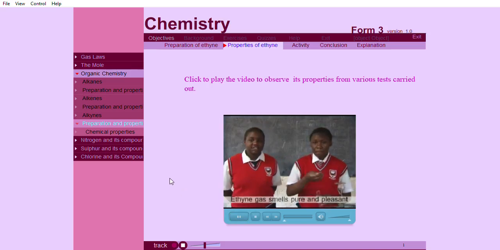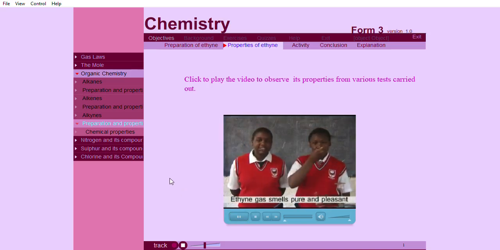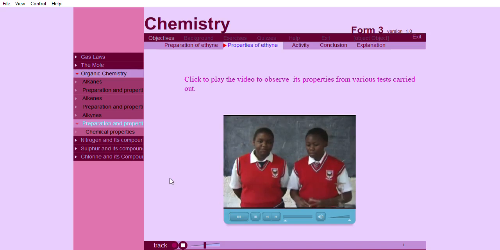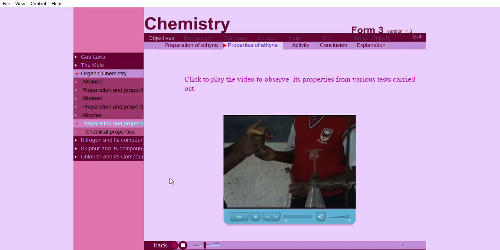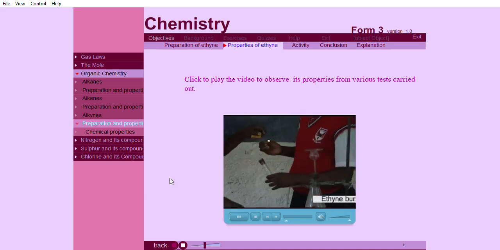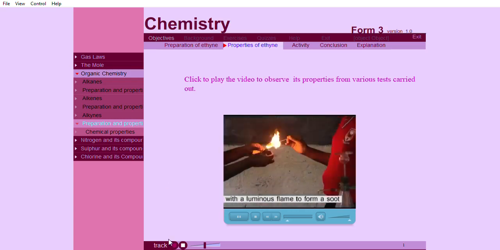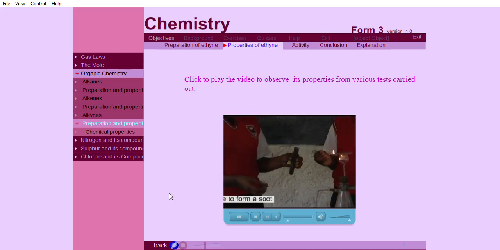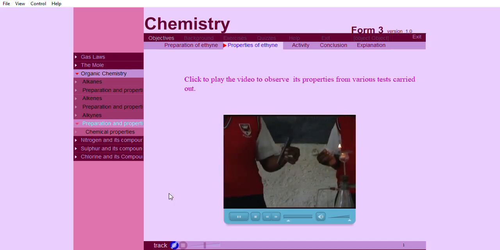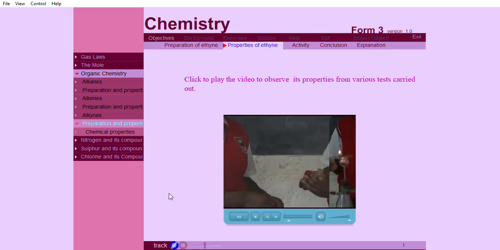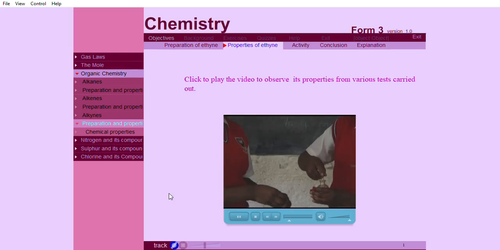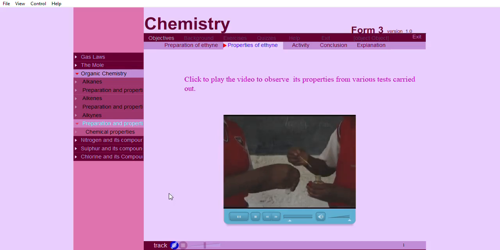Ethyne gas has a pure smell which is pleasant. Ethyne burns with a luminous flame to form soot. Add 1 cm3 of bromine water to the test tube containing the gas and shake the mixture.